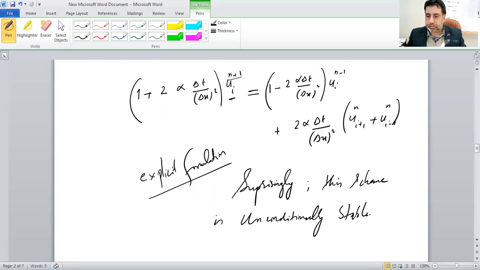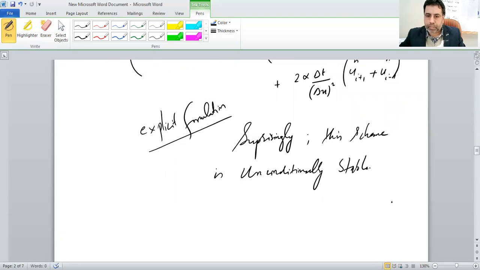So that's very good news. The Richardson scheme, central in time and central in space, was a case of failure. But with the little modification given by Dufort-Frankel, you have got a scheme which is unconditionally stable. That is a very big gain.